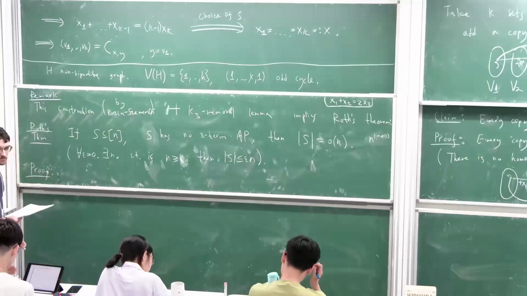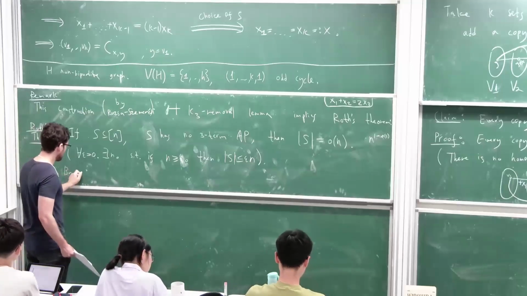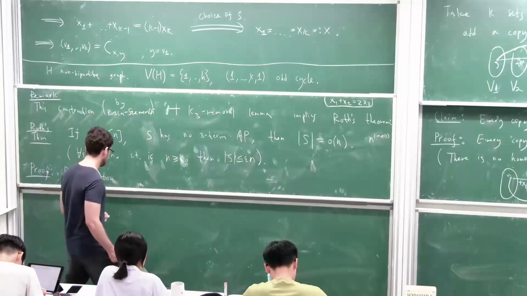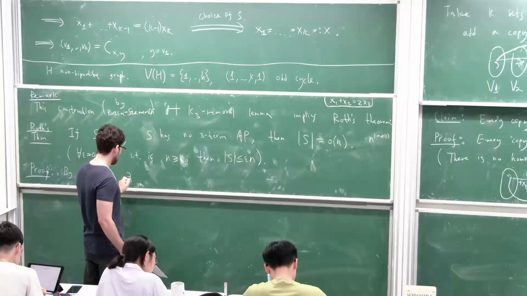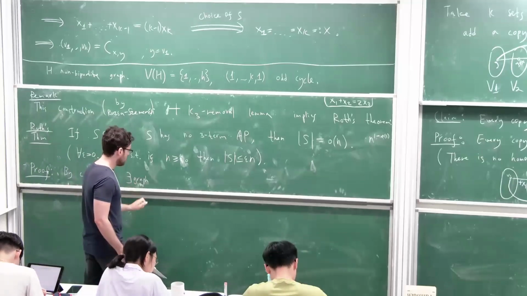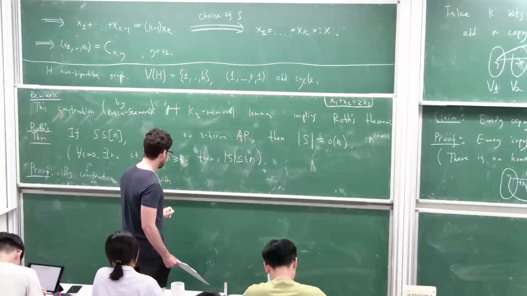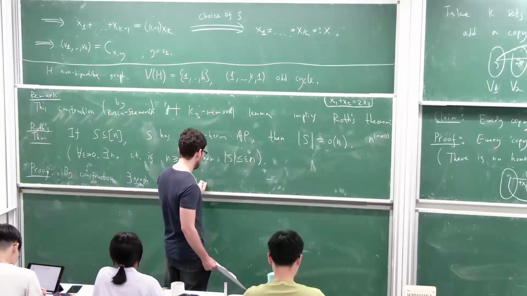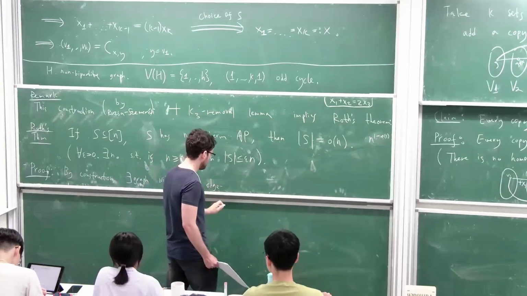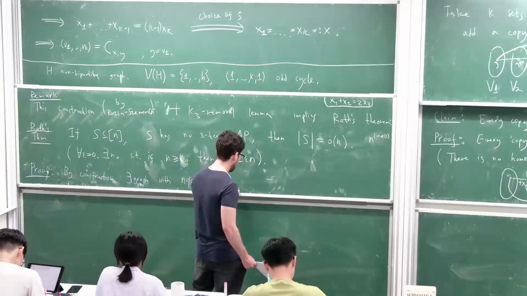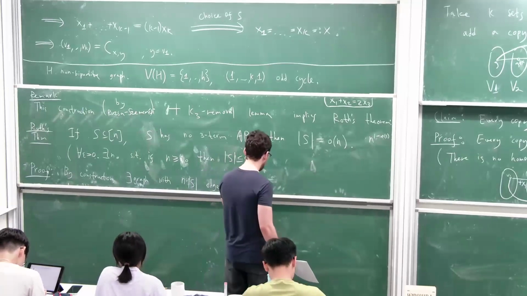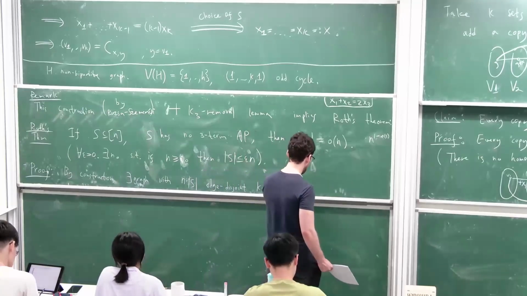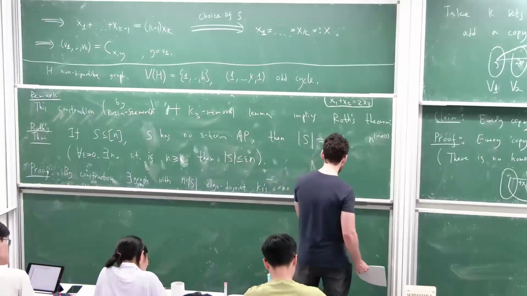In the construction, the graph is N times S disjoint triangles, and also no other triangles.